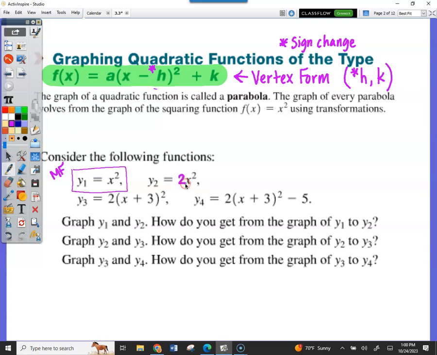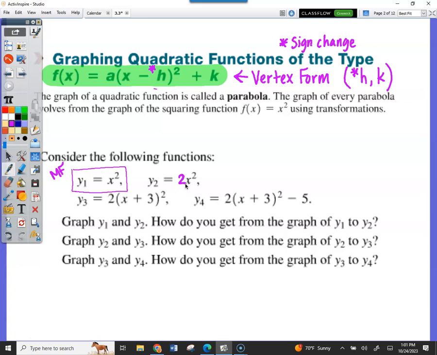This is the mother function, and what's been done to it? 2 in the front does what? Stretch. Vertical stretch. Remember the rubber band example? Lots of energy to stretch a quadratic. So that is a vertical stretch by a factor of 2.